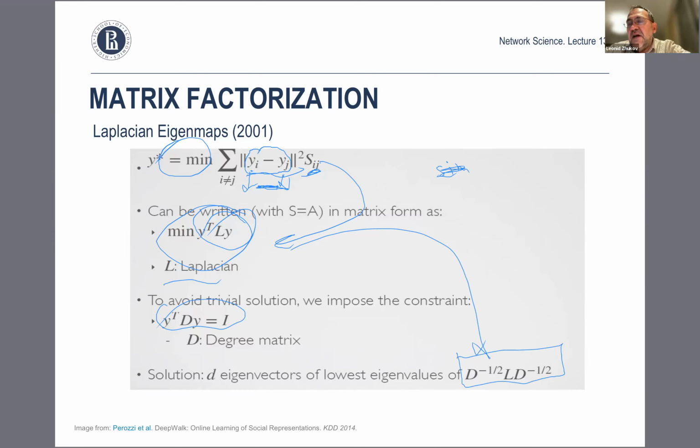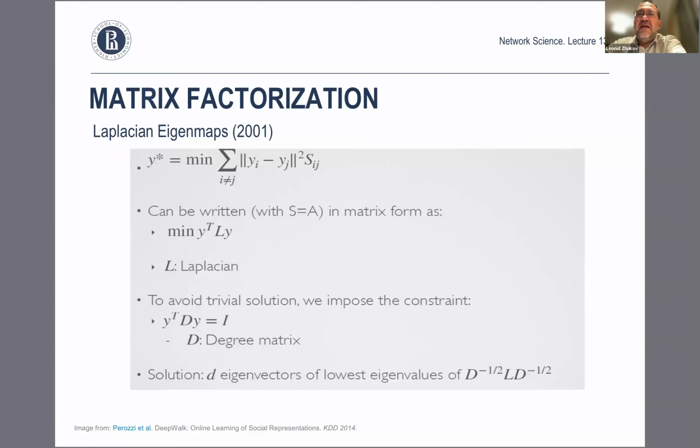The solutions are eigenvectors and corresponding eigenvalues, and we'll take the eigenvector that corresponds to the lowest eigenvalue. They will give us the minimum values, and they will be our embeddings, right? They will create our embeddings. So that is the first method.